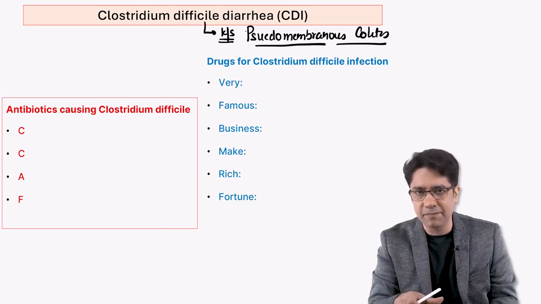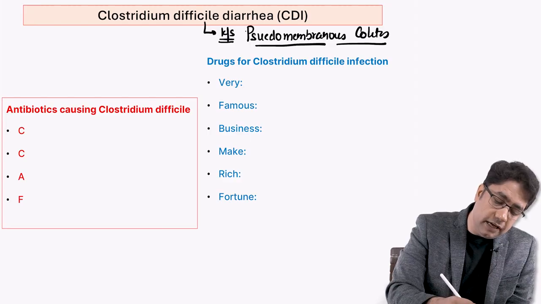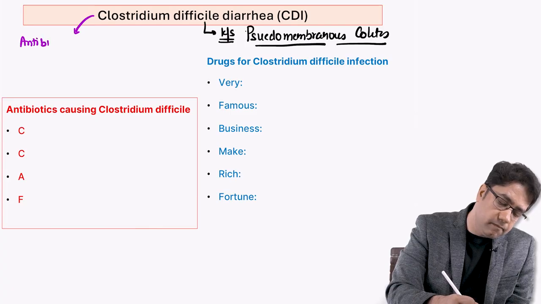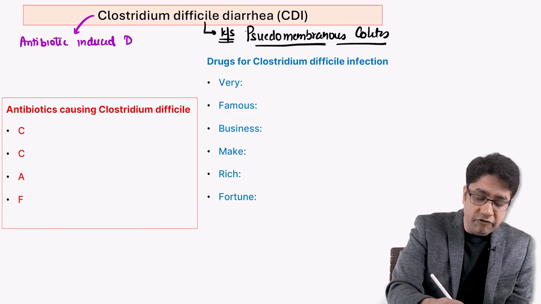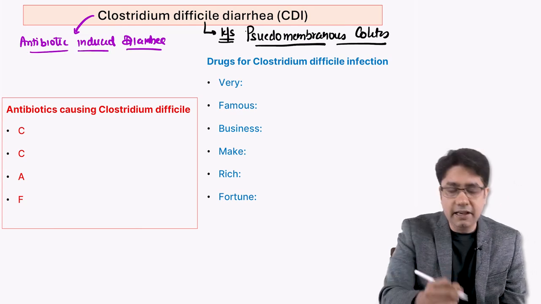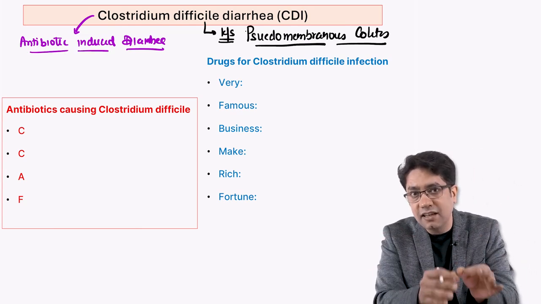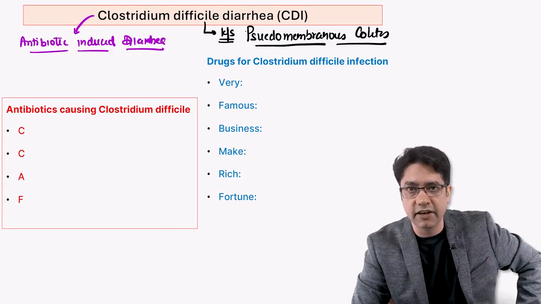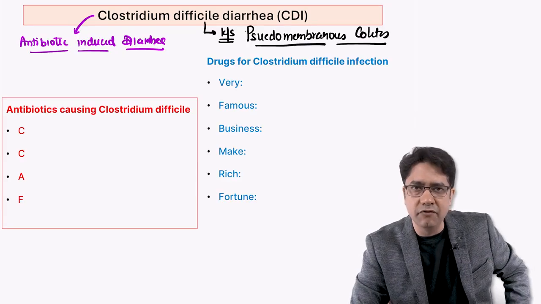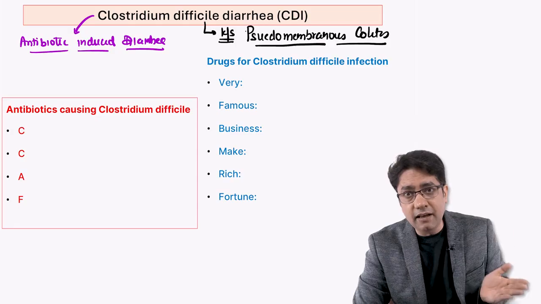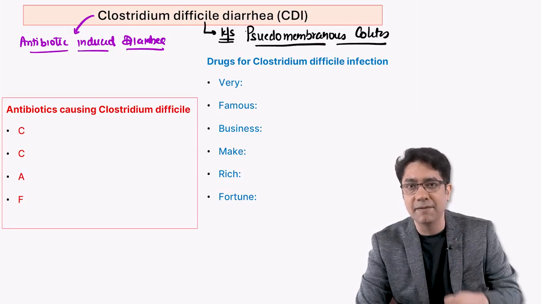Now let's see how it happens. This Clostridium infection is antibiotic-induced diarrhea. That means when you give antibiotics to the patient, these antibiotics can cause this infection. Don't you think how ironical a thing we are talking about? We are giving an antibiotic and infection is occurring. Let's see how it happens.